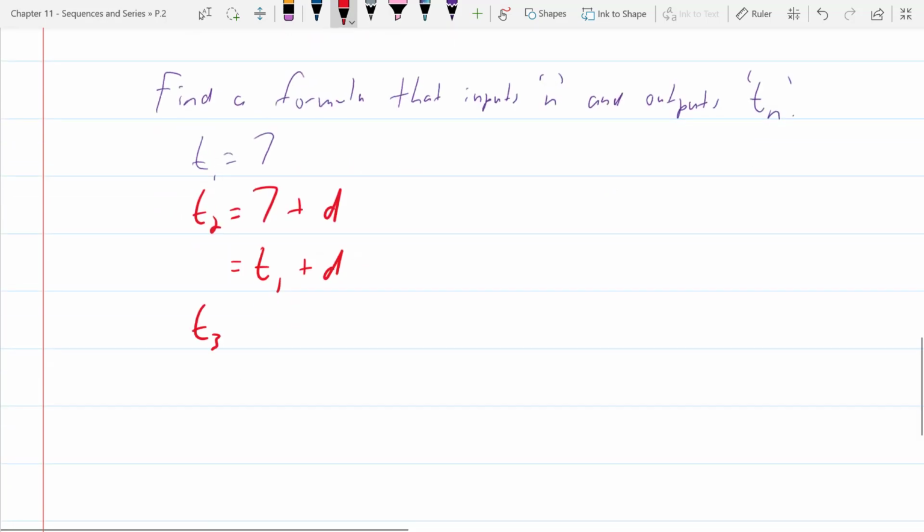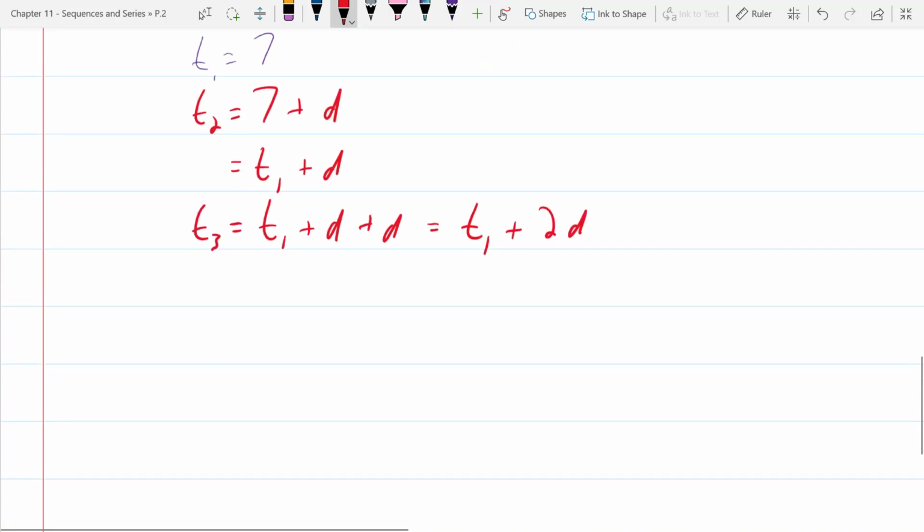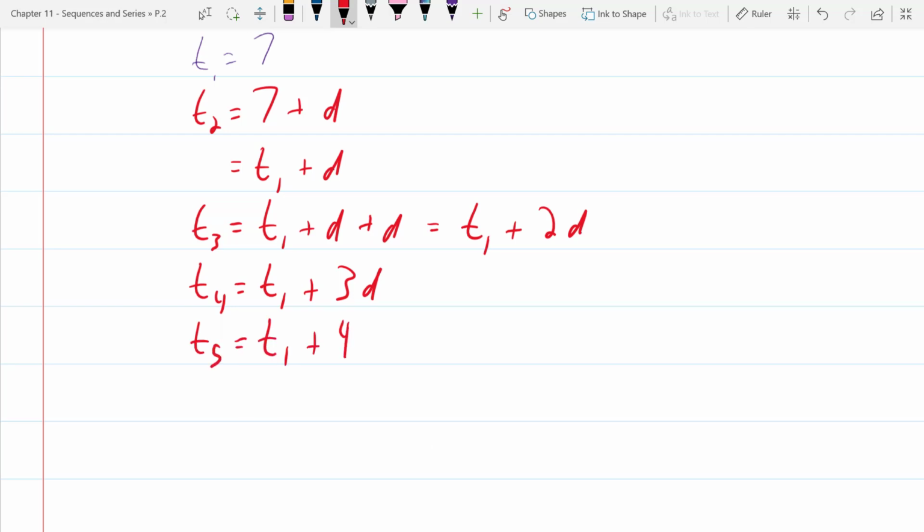Now, if I did t of 3, that's equal to t of 1 plus d plus another d, which is equal to t of 1 plus 2d's. T of 4 would have to be equal to t of 1 plus 3d's. T of 5 would have to be equal to t of 1 plus 4d's. You get where I'm going with this.